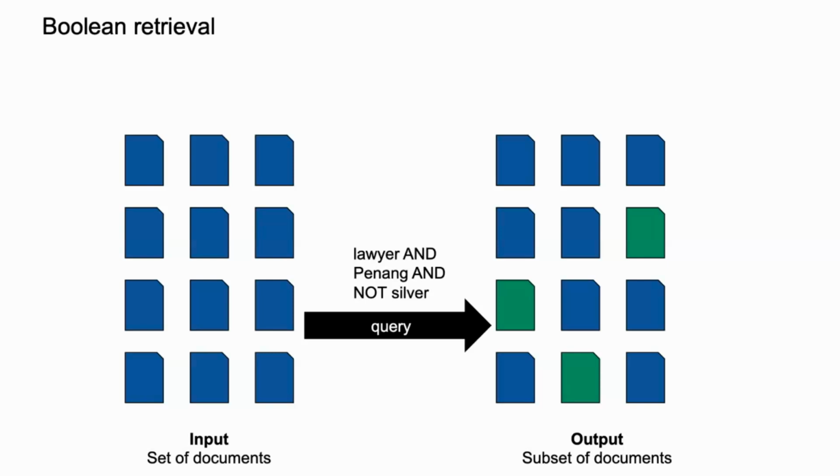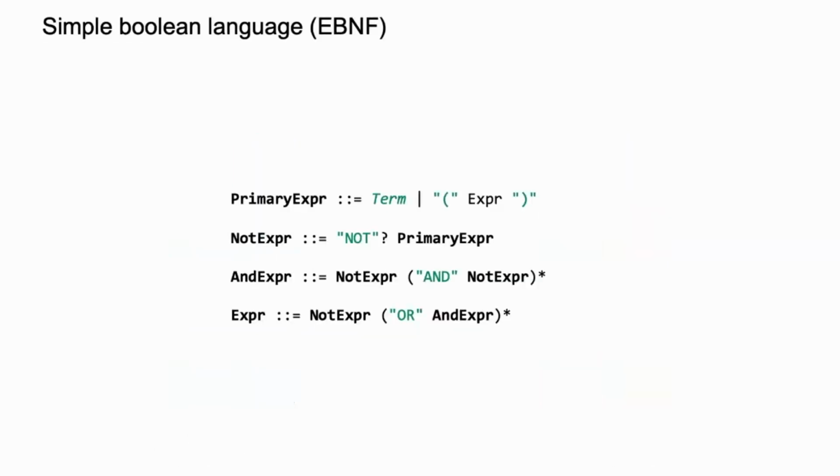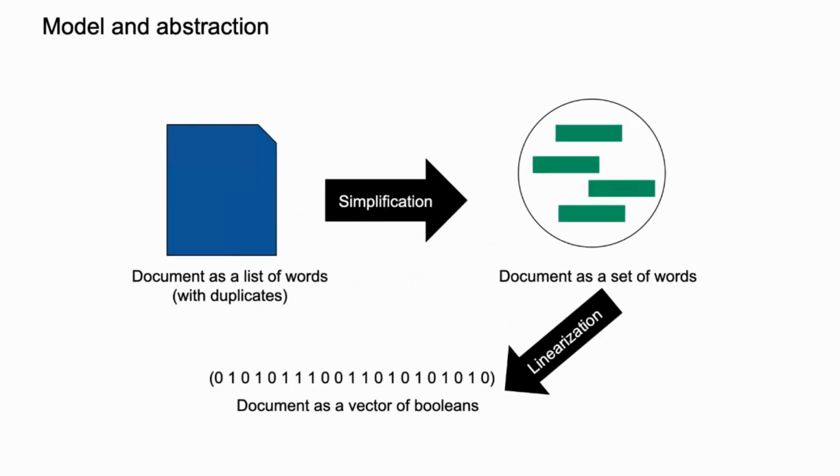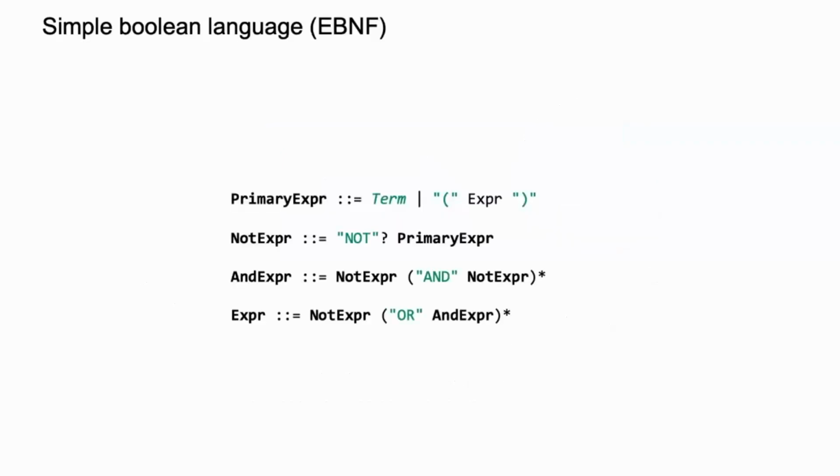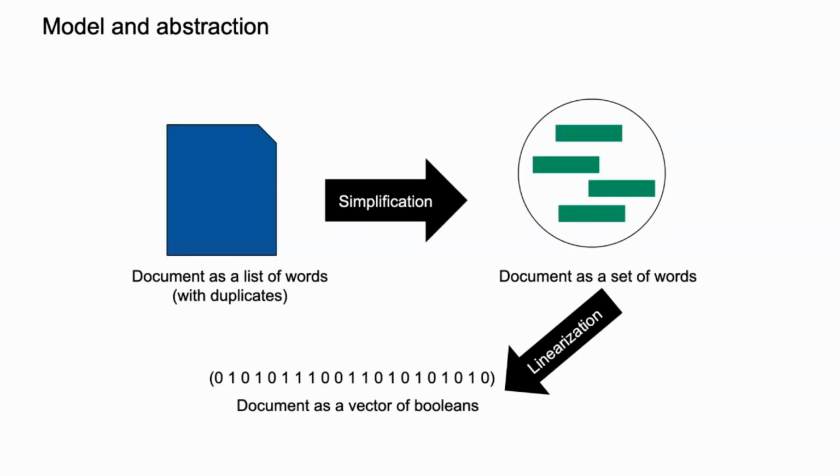Writing a query in order to find the documents that you are looking for required a lot of skills that people back then were trained on. So we had this simple EBNF, right? That's the simple grammar for a very simple language. And you have the exercise that I think starts this week that you're supposed to write some Python code to make it all nicely work.